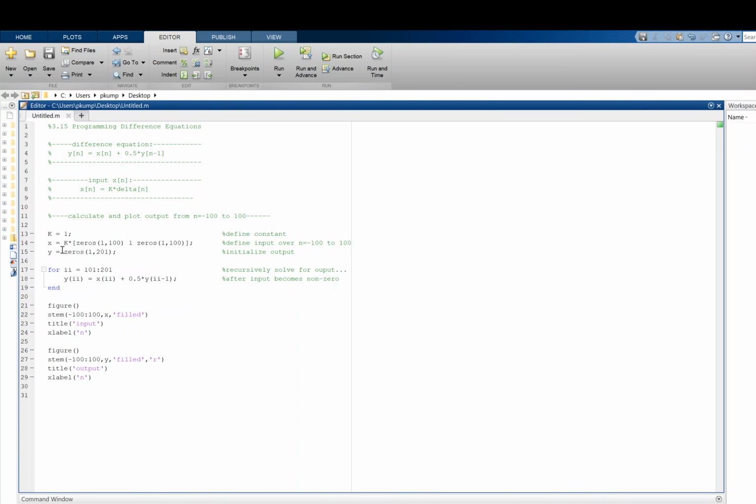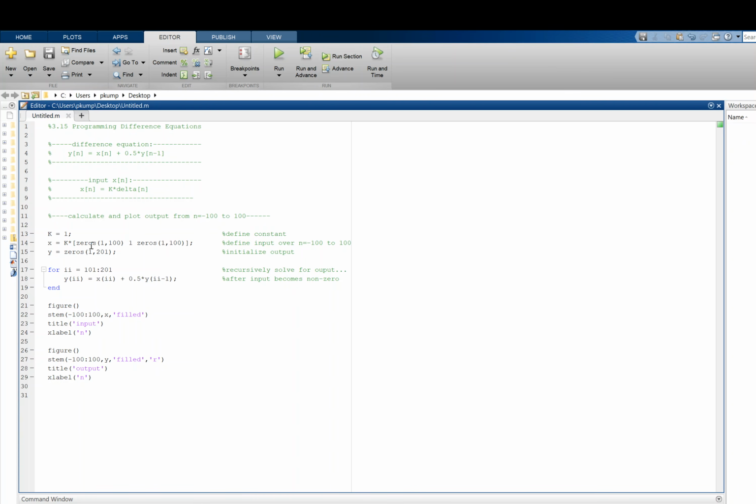I'm initializing all of them to 0. And remember, we're assuming this is a causal system, so the output cannot become non-zero until the input becomes non-zero.